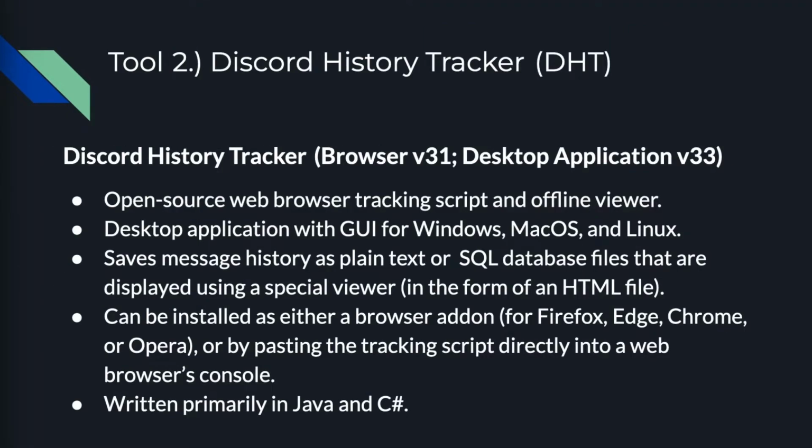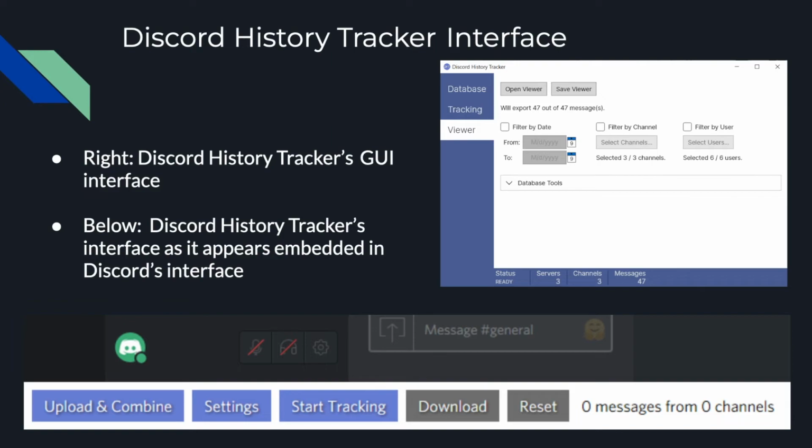Discord History Tracker is an open source browser tracking script that saves Discord message histories into a database file and an offline viewer that displays the file. DHT can be used either entirely in a web browser or through Discord's desktop application. It also has a GUI version with additional features. Installing the tracking script causes the DHT interface to appear inside Discord's interface, allowing the user to initiate tracking directly from any server or channel they are members of.